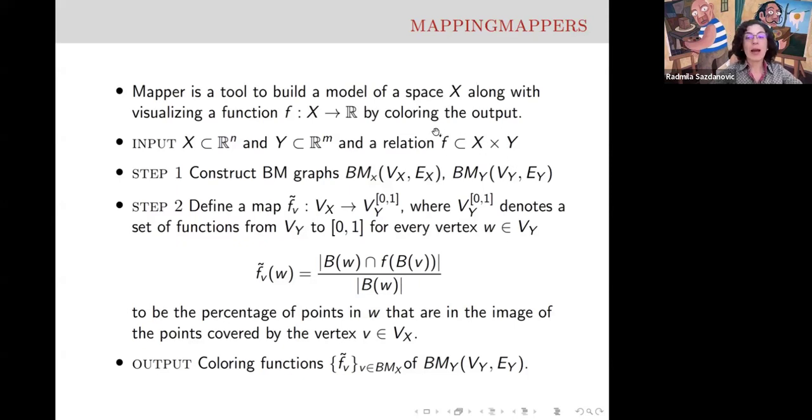And then we say, well, we have this relation or function. We can use it to define a map between the vertices of the ball mapper graphs. That maps a vertex in the ball mapper graph of X and gives us a coloring function on the ball mapper of Y. That's the idea.